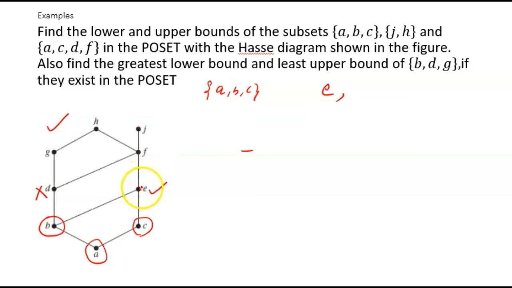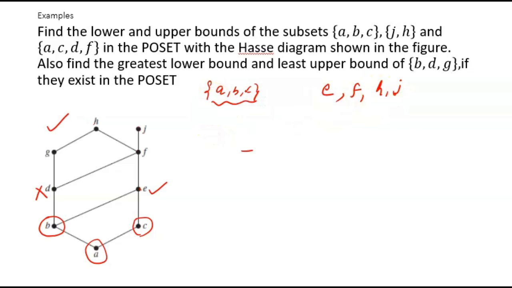Now since E is an upper bound and F is greater than E, because of transitivity F will also be an upper bound. Not much confusion here. And because F is an upper bound, H and J will also be upper bounds for this set {A, B, C}.